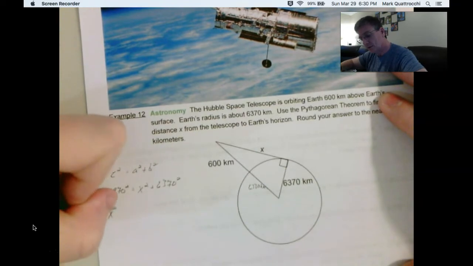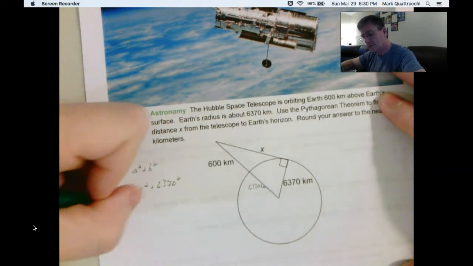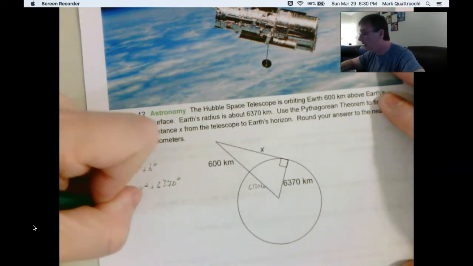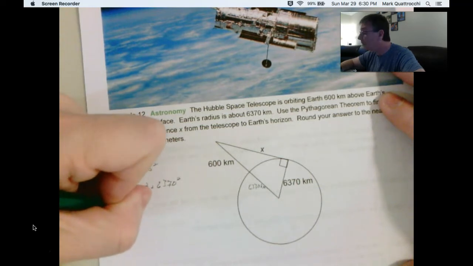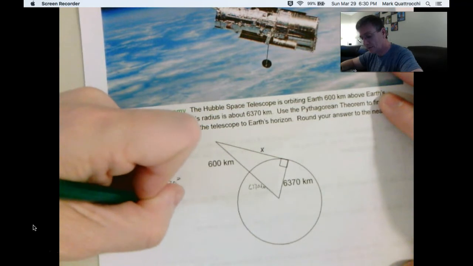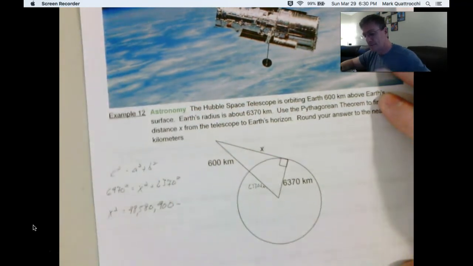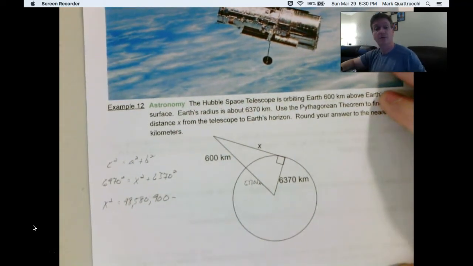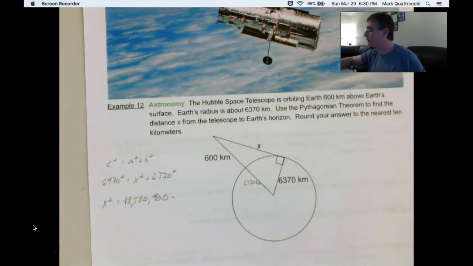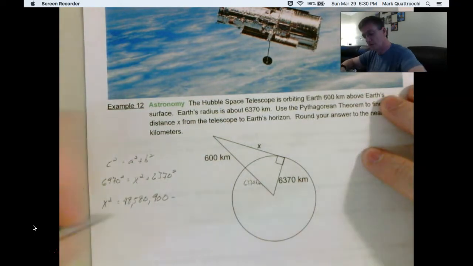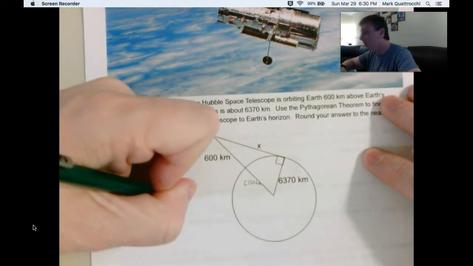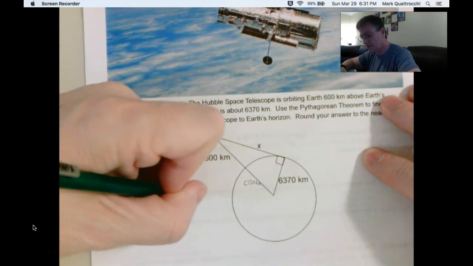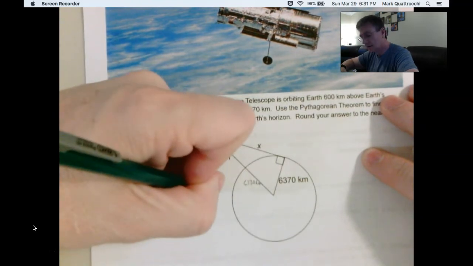So x squared equals 48,580,900 minus 6,370 squared, and it's 6,370 squared, which is 40,576,900.